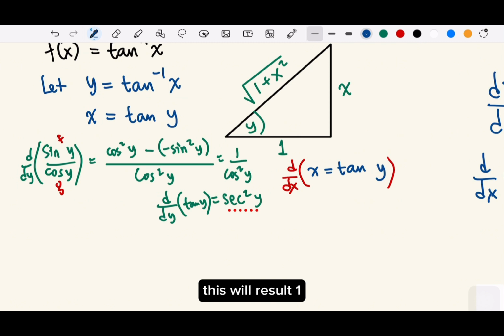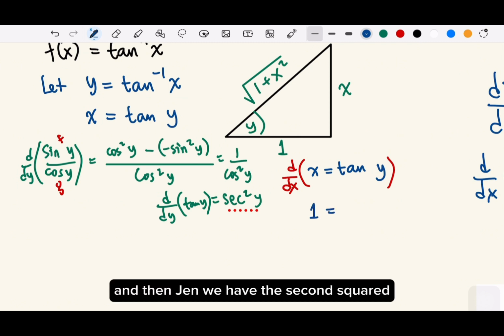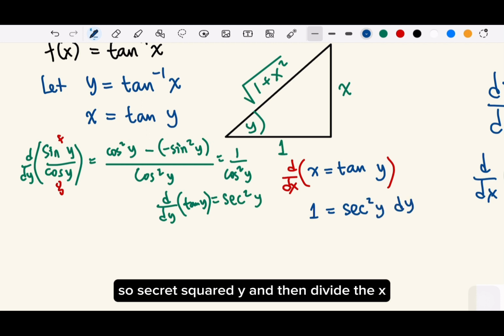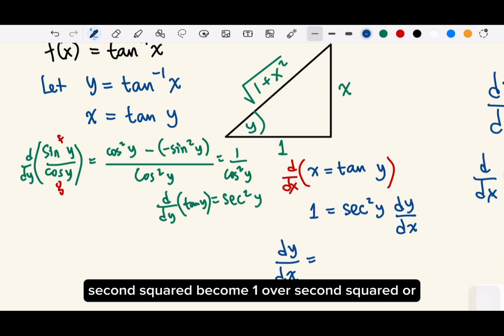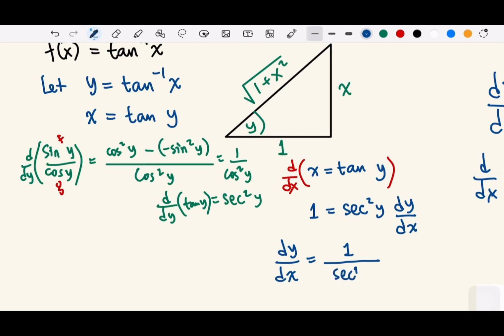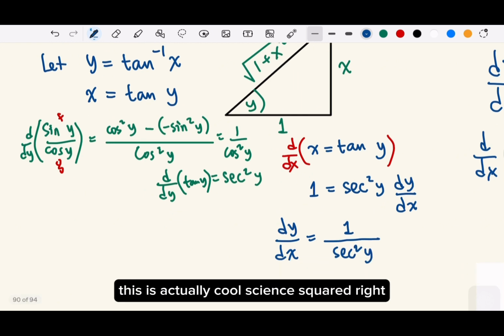This will result in 1, and for tangent we have secant squared y, and then dy/dx. So dy/dx is 1 over secant squared, which is actually cosine squared, right?